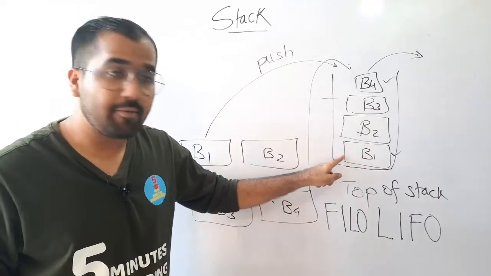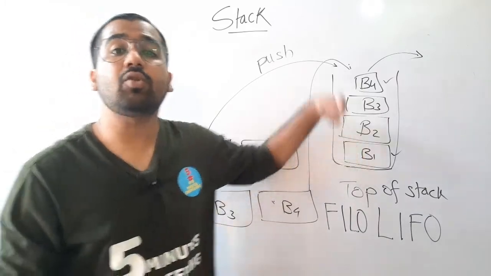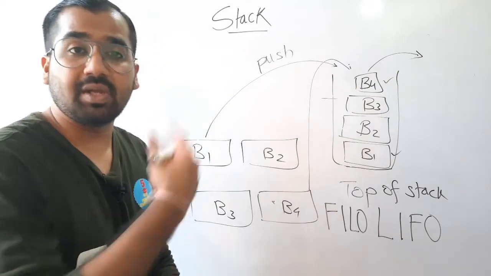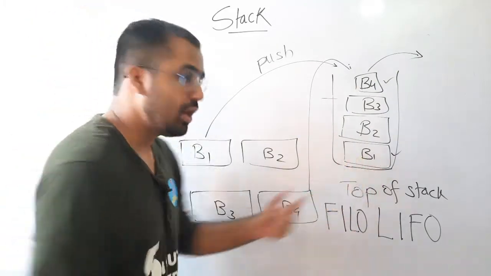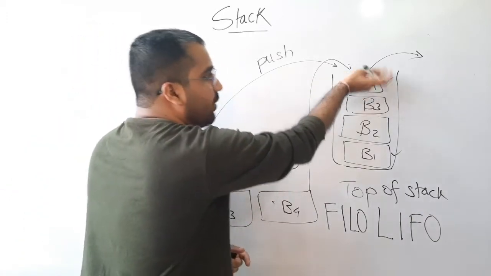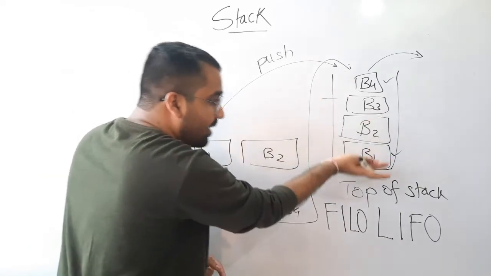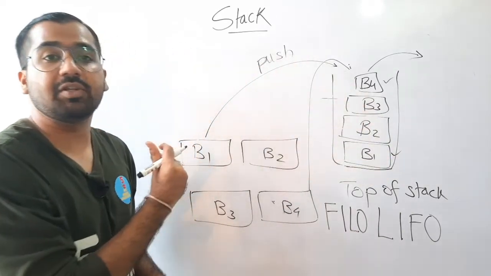The one that you have pushed into the stack first will be the last one popped out from the stack. You cannot just take B1 out first. You have to first pop B4, then B3, then B2, and at the last B1 will be there, which will be popped.